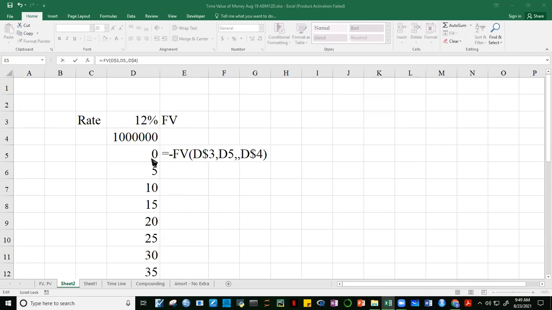Magkakamali tayo ng answer. Kasi yung rate natin dapat 12%, dapat andiyan lang siya. Actually pwede naman natin i-fix yung column at saka yung row, para 12% lang talaga siya. Kaso no need to fix the column kasi pag kinopya natin pababa yung formula, nasa column E din naman tayo, hindi nagbabago yung column natin.